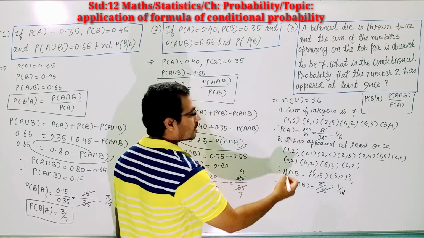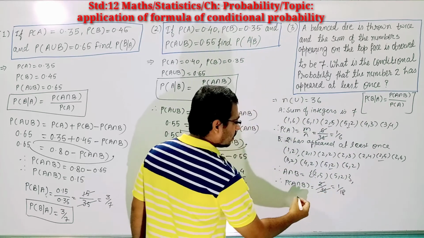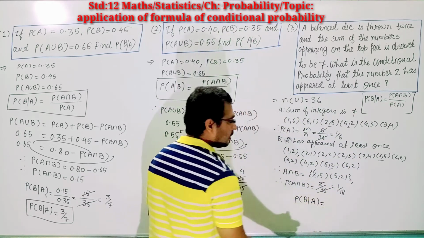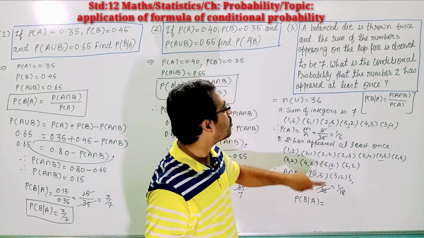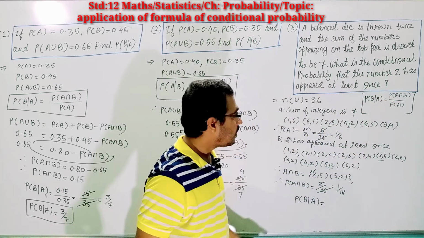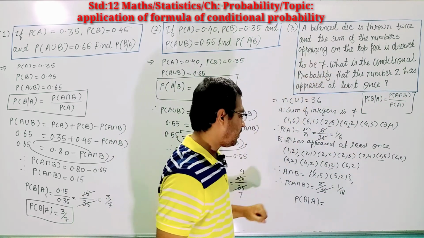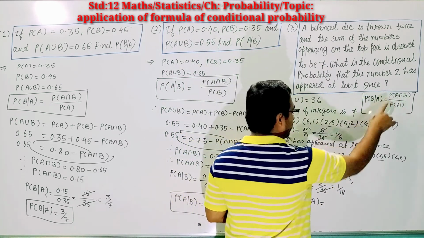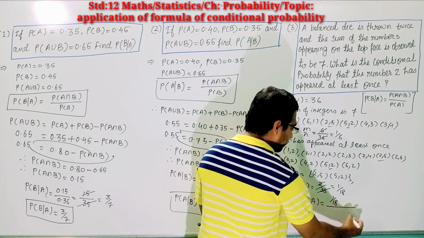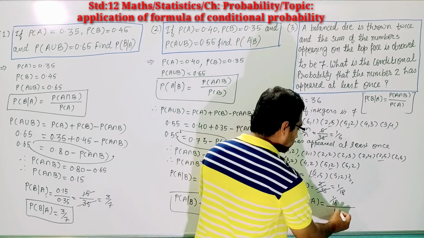Okay students, now writing all these values in the formula, the probability of B with respect to A means the probability that the number 2 has appeared at least once given that the sum of integers on both dice is 7. The value of P of A intersection B is 1 by 18 and the probability of A is 1 by 6.